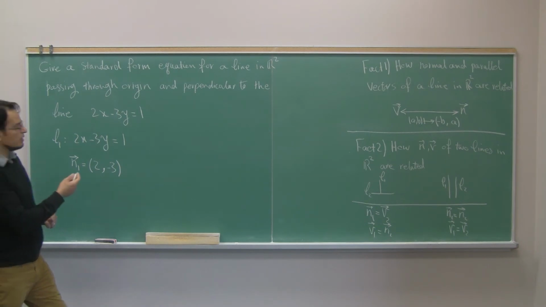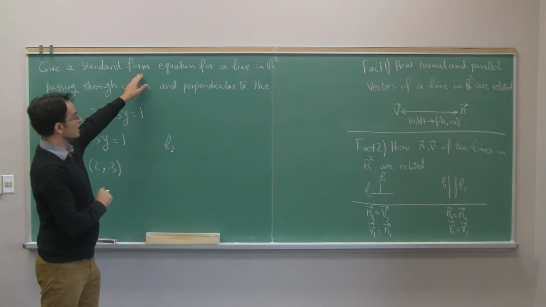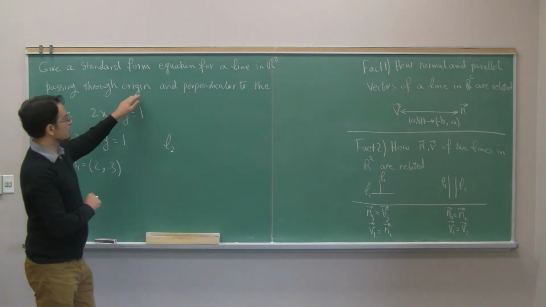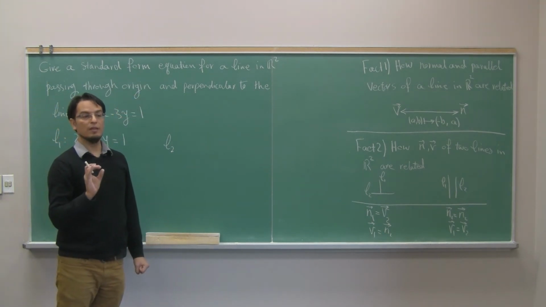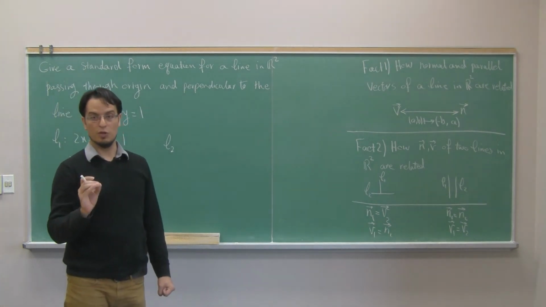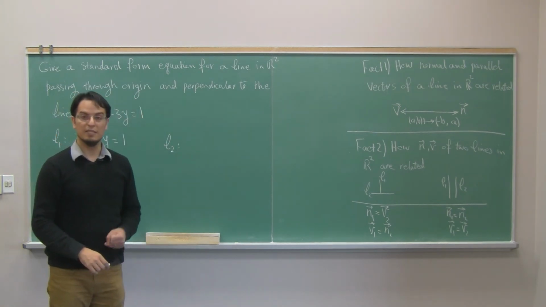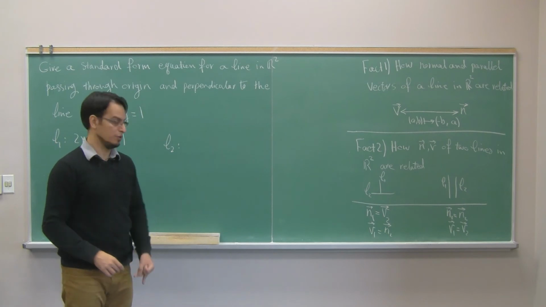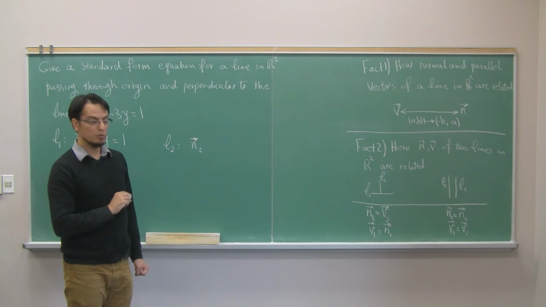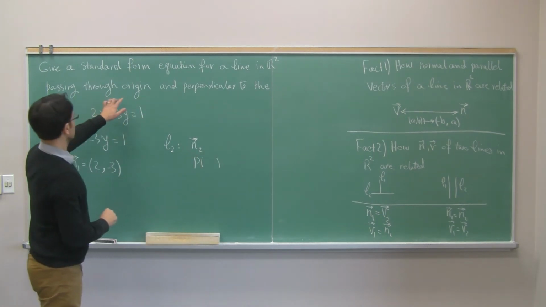And now we are looking for a standard form for L2, which is a line perpendicular to this one, and it passes through origin. And we are looking for standard form equation. That means to find standard form equation, I need normal vector and a point. Normal vector for line 2, I will denote it by n2, and the point with p, in this case, it is origin.